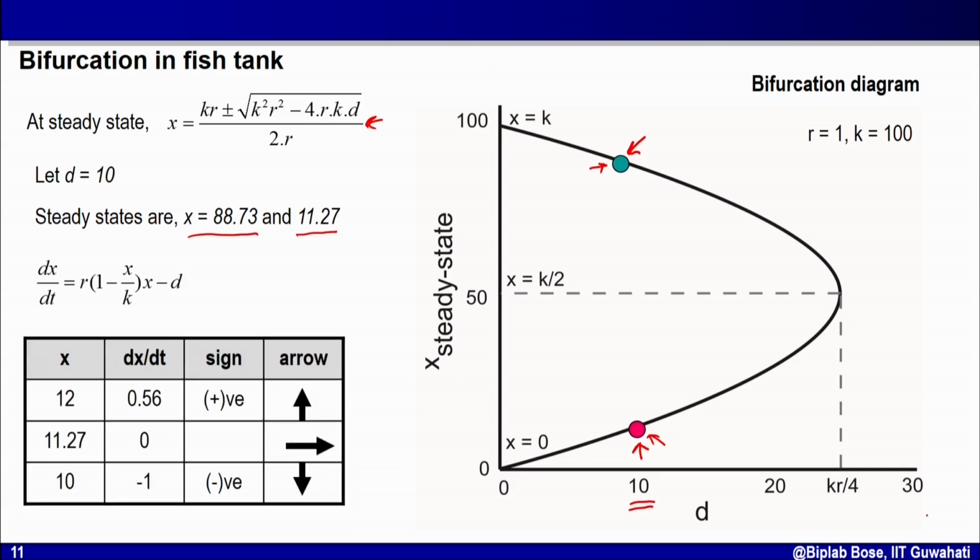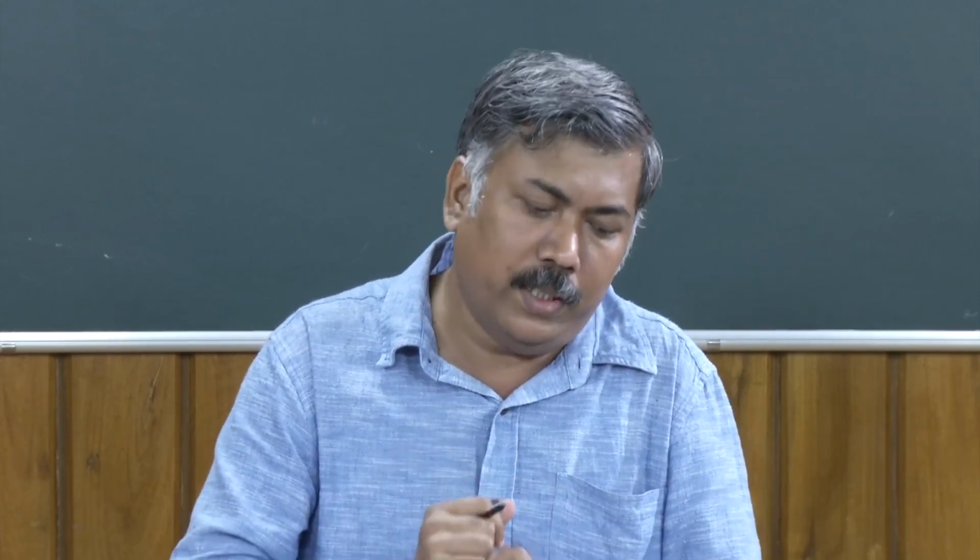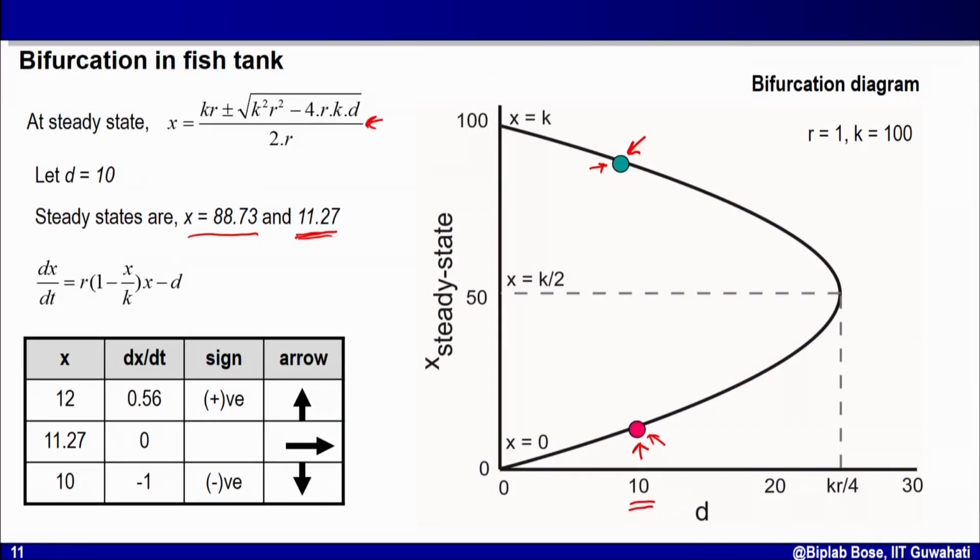Let us take first the case where the steady state is at 11.27. If you remember, for a one-dimensional system, when we were discussing the direction field, we used a tabular method to calculate the steady states. So we will use the same thing here because I have just one ODE. So let us make the table. I have drawn the table.